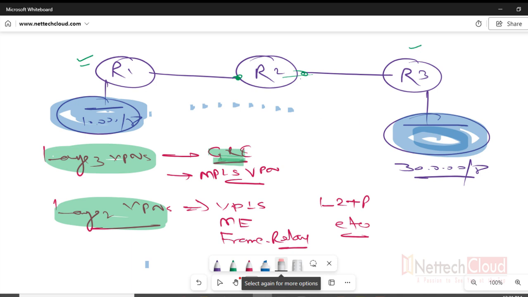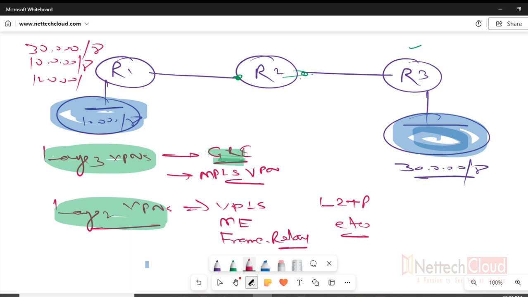You understand routing is always hop by hop. So even if R1 has information about the 30 network and also the directly connected 10 network, and maybe the segment between R1 and R2 is 12.0.0.1 here and 12.0.0.2 there.